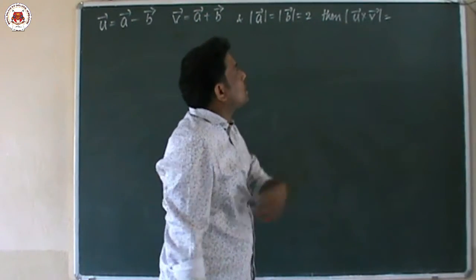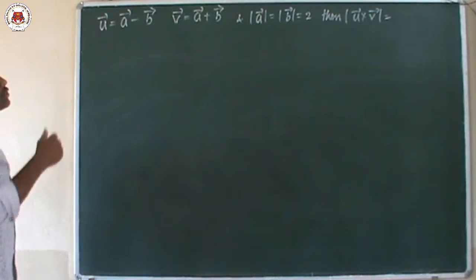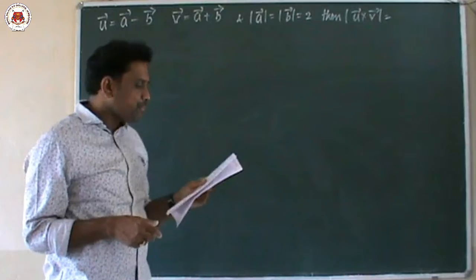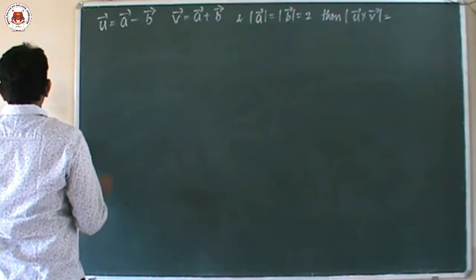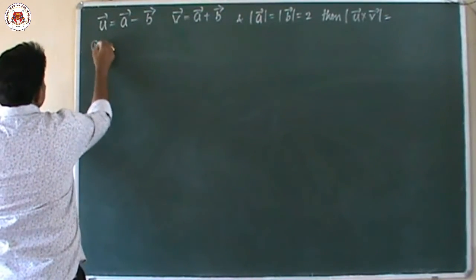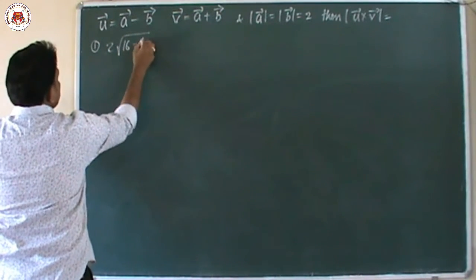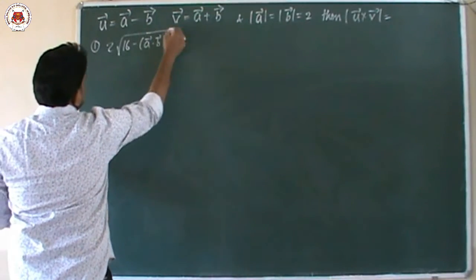He is asking for mod of u vector cross v vector. Here we need the options also, because only with the options can we find the answer. So what are the options? The first option is 2 into square root of 16 minus vector a dot vector b whole square.